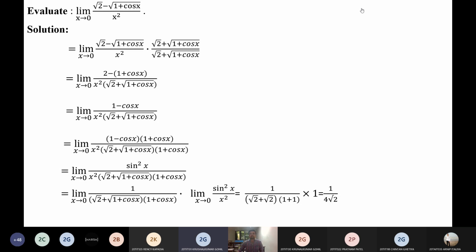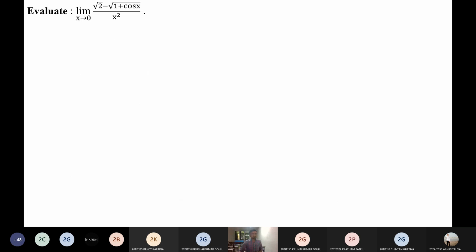So the first example is limit x tends to 0 of root 2 minus square root of 1 plus cos x, divided by x squared. We want to do this example without using L'Hospital's rule because we have not introduced it yet. So how can we do that?